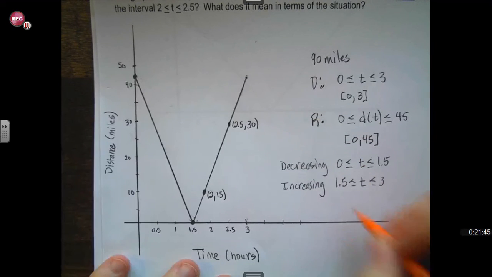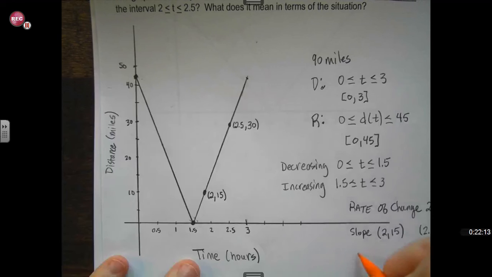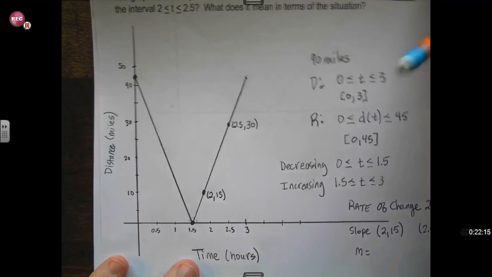So to find the rate of change on the interval 2 less than or equal to t less than or equal to 2.5, I'm going to find the slope between the point (2, 15) and the point (2.5, 30). Slope, we're experts at slope.